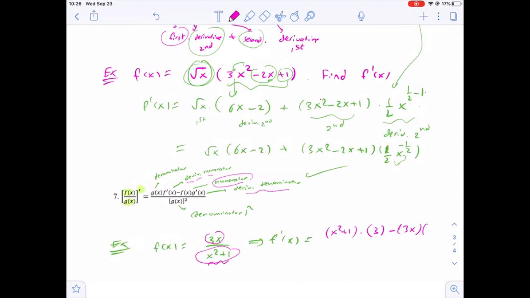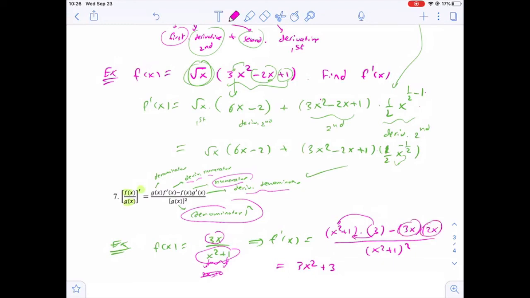What is derivative of x squared plus 1? It's 2x, because derivative of x squared is 2x, derivative of 1 is 0, so it's just 2x. All divided by the denominator squared. The denominator is x squared plus 1, and we square it. Then we simplify. 3 times x squared is 3x squared. 3 times 1 is 3.